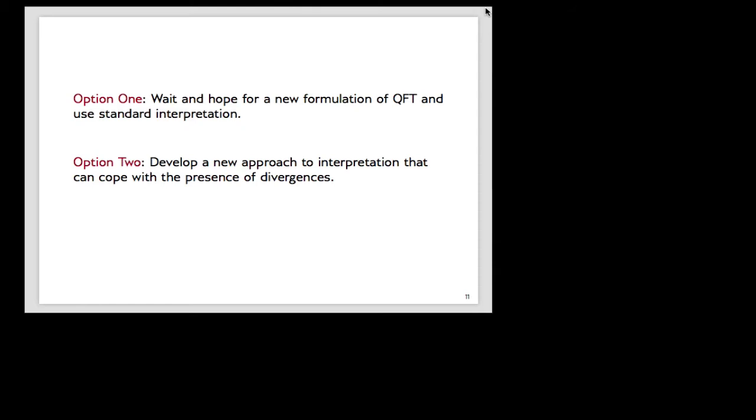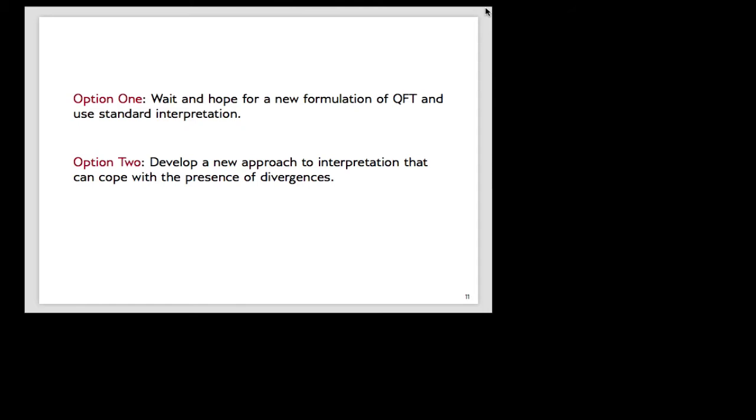The first option is to wait and hope for a new formulation of quantum field theory and use standard philosophical approaches to interpretation, because according to this new formulation, the exactness requirement presumably will be satisfied. And so we can use standard interpretation. The second option is to develop a new approach to interpretation that can cope with the presence of divergences. And what I'm going to do is pursue the second option here.